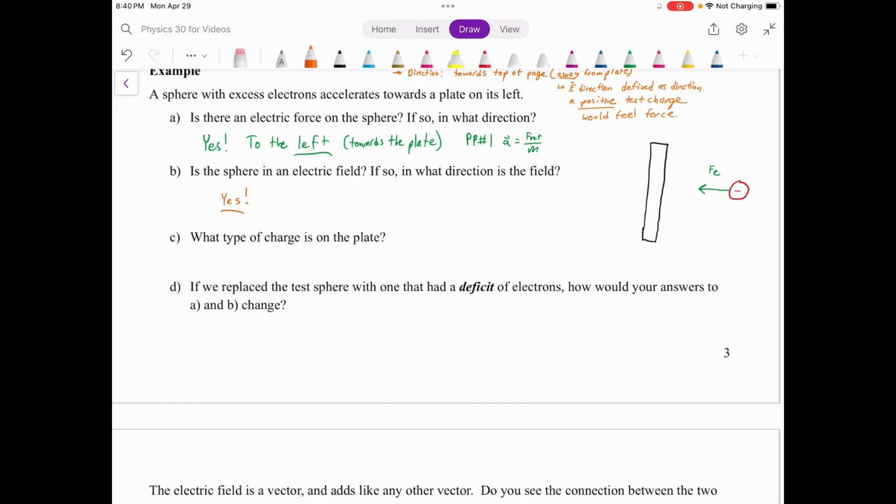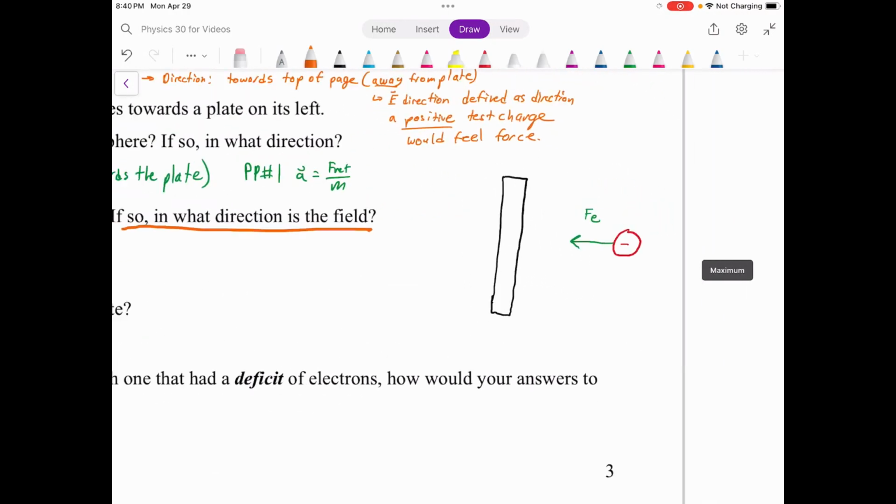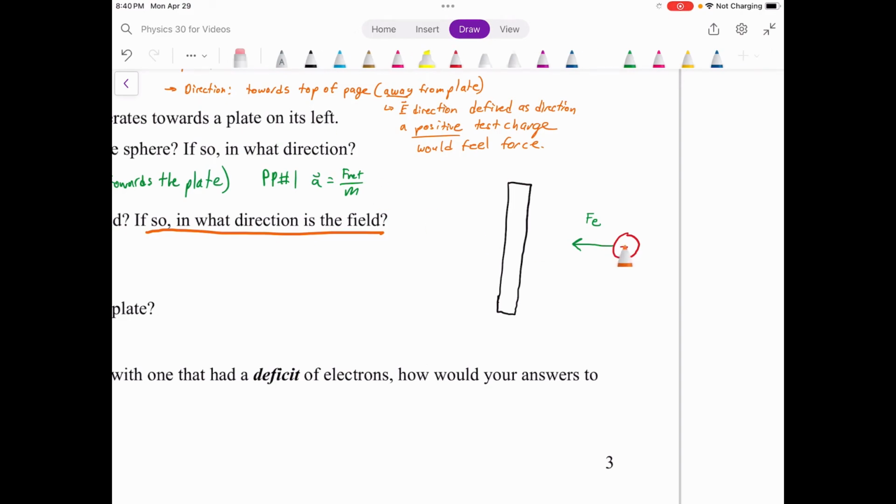Now this part is interesting though. If so, in what direction is the field? Don't forget, how do we define the direction of the electric field? We define it as the direction in which a positive test charge would feel an electric force. So is this a positive charge that's feeling a force to the left?